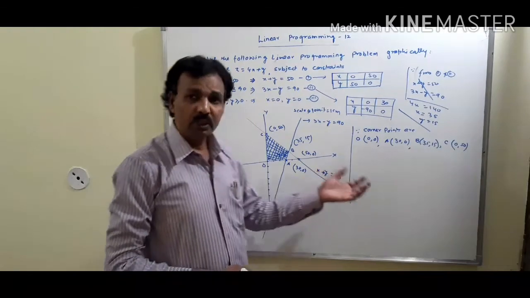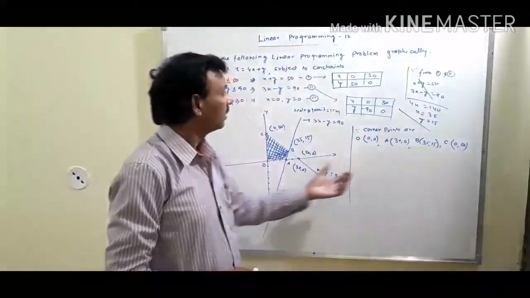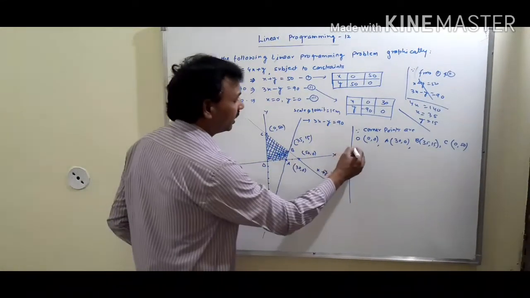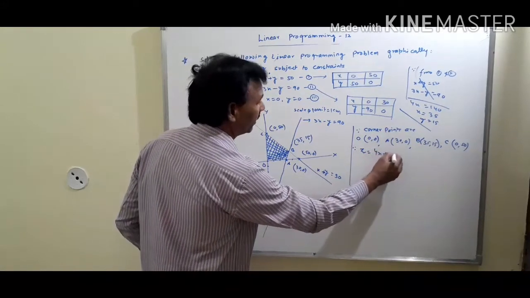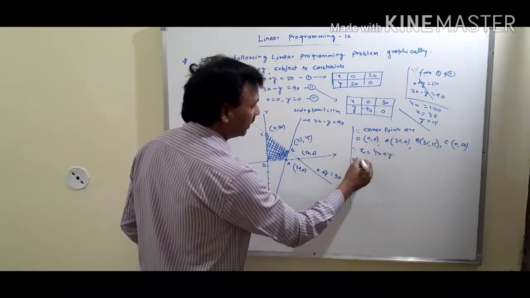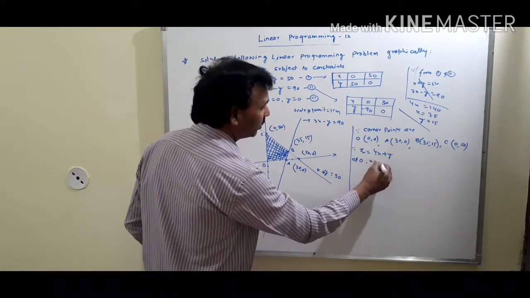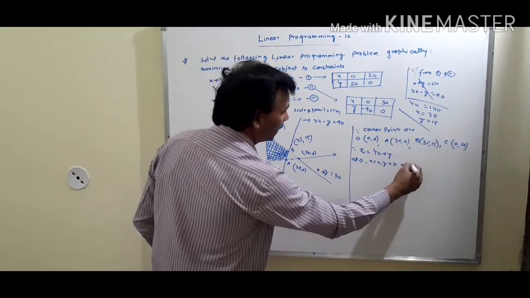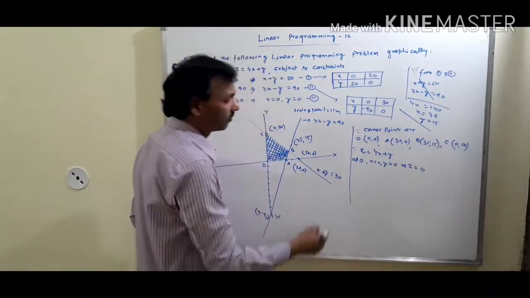Now we should find the value of z at each point, where the objective function is z equal to 4x plus y. At O, x equal to 0 and y equal to 0, therefore z equals 0 plus 0, that is 0.